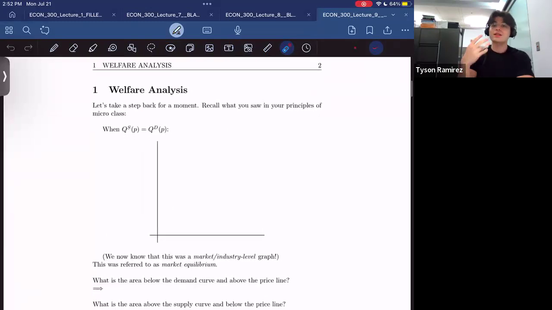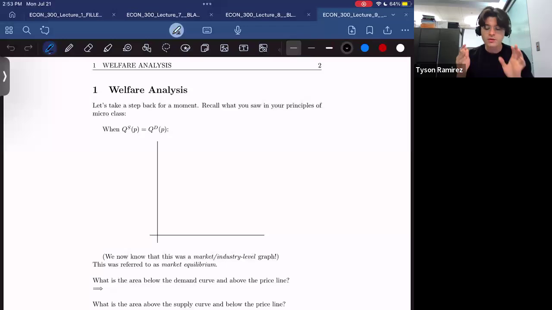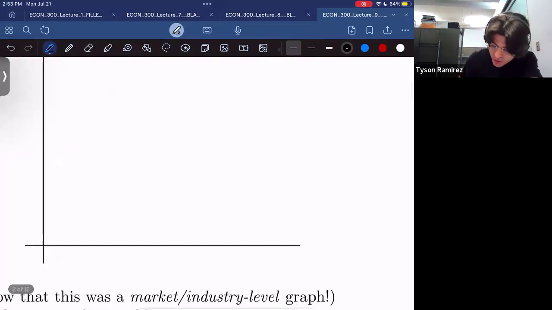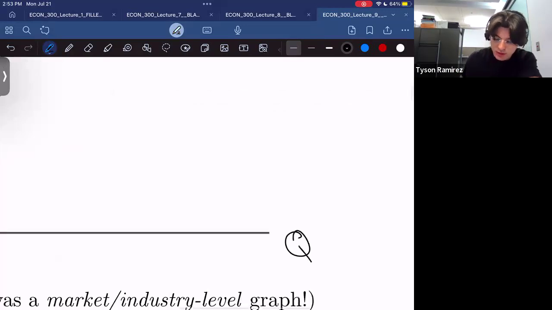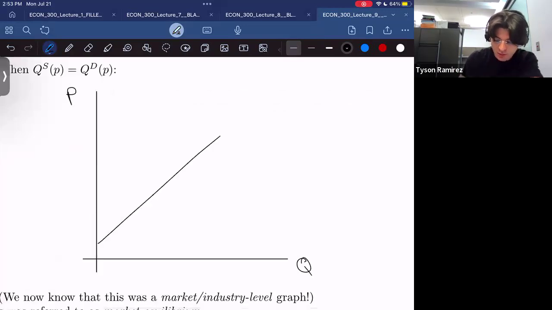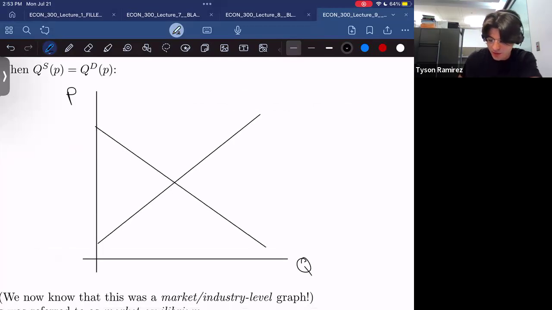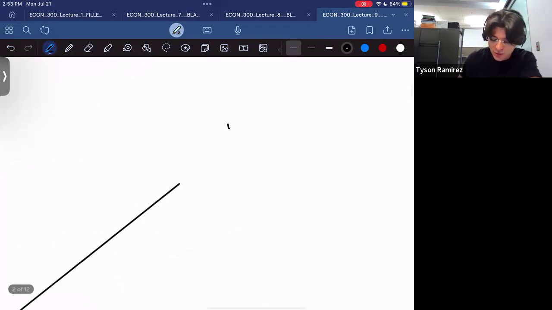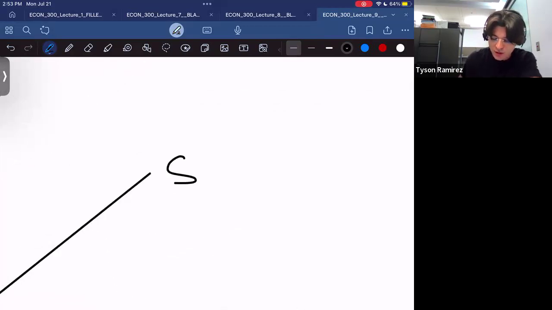So first, let's take a step back. Let's go into familiar territory. Let's remember what we saw in our principles of micro class. If we had price on the y-axis and quantity on the x-axis, then what you always learn, if you ever take an econ class at all, is that you'll have a downward sloping demand curve and an upward sloping supply curve.